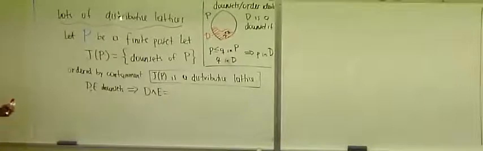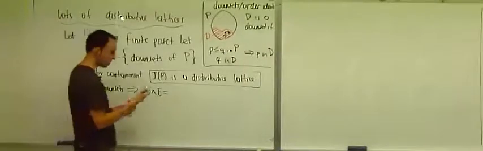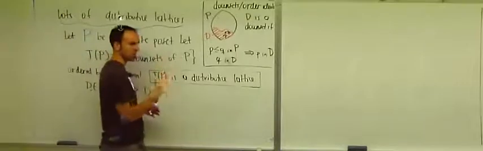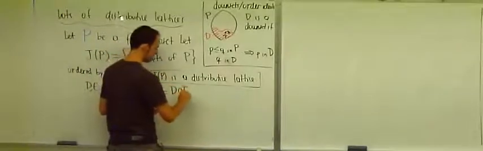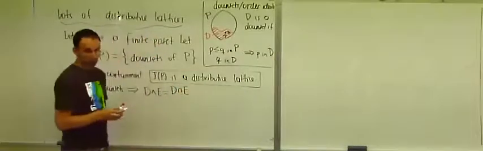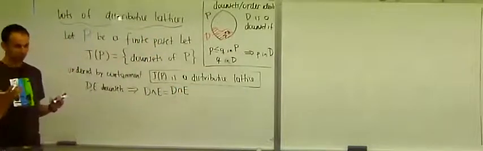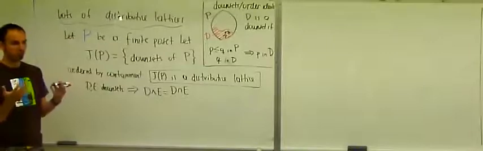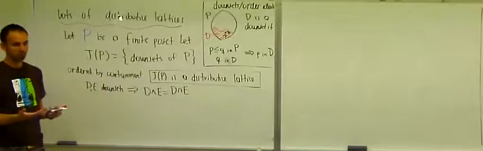The greatest downset contained in D and in E. If you're a subset of D and a subset of E, then you're a subset of the intersection. But it just so happens that if you take a downset D and a downset E and you intersect them, you get a downset. It's very easy to check.